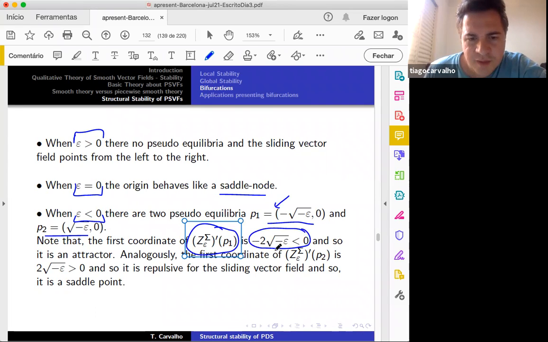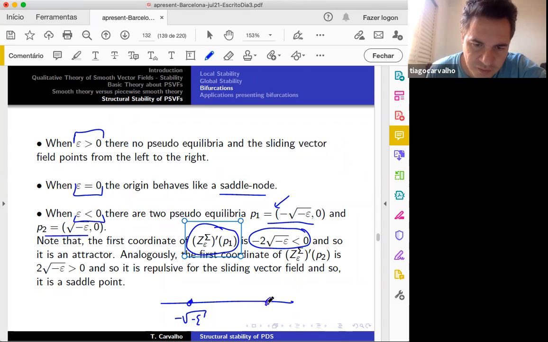Okay, so here we have this point, and here we have the other point, P1, P2.